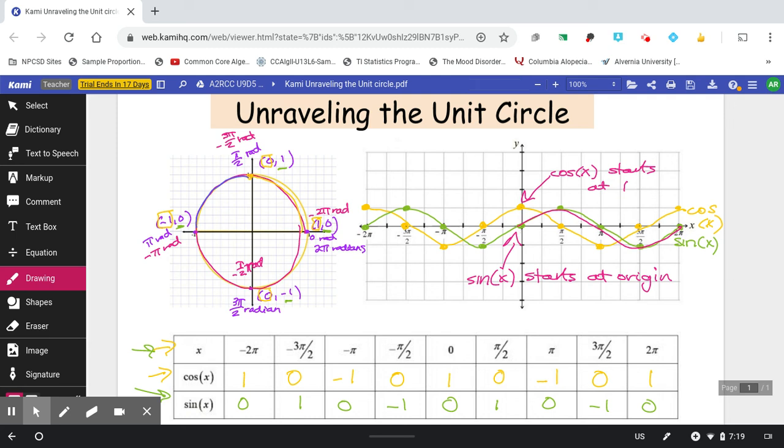So it really is kind of important that you understand what these values mean as you transform the graph, meaning you vertically stretch it or horizontally stretch it or compress it. You shift it up or down. Okay, you shift it left or right. All these things represent something specific, and we're going to learn about that in this lesson.